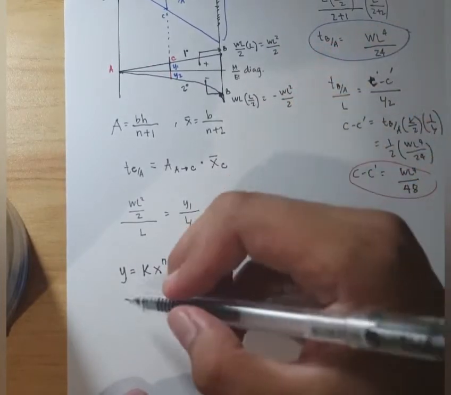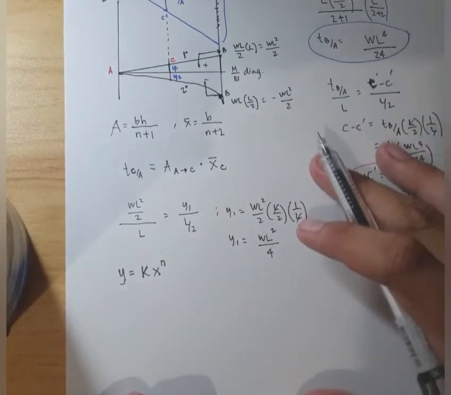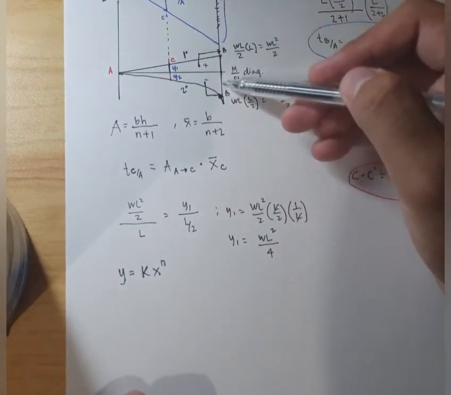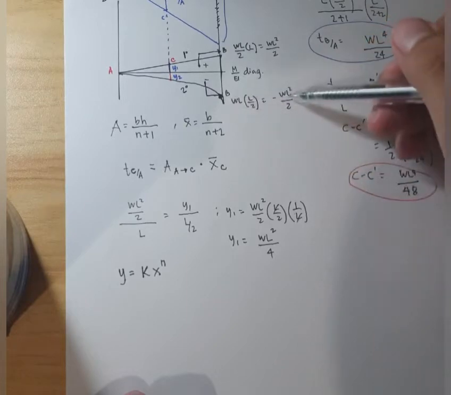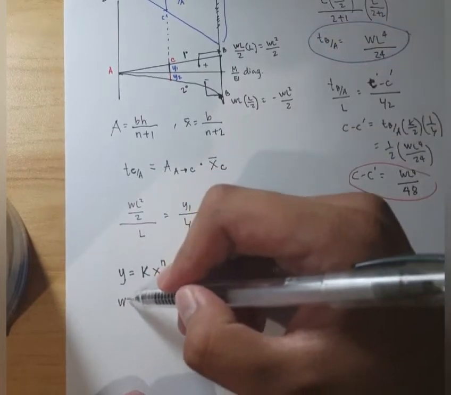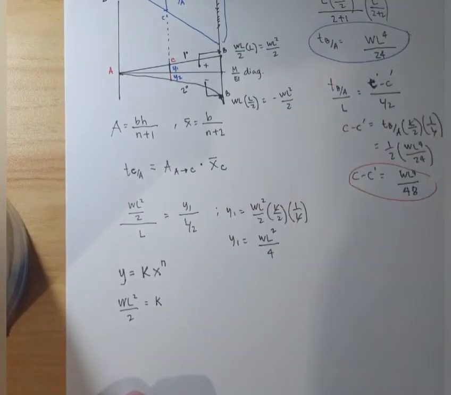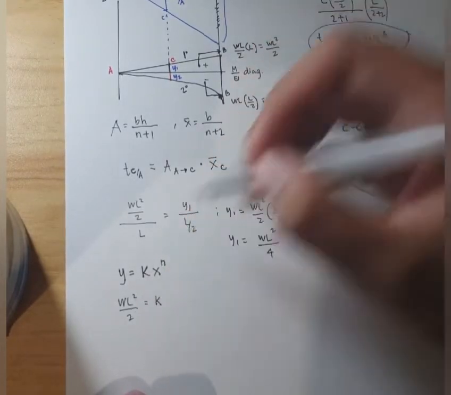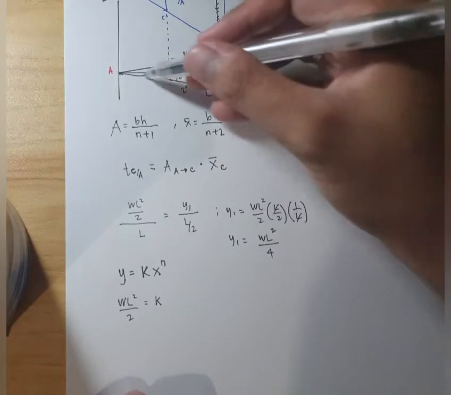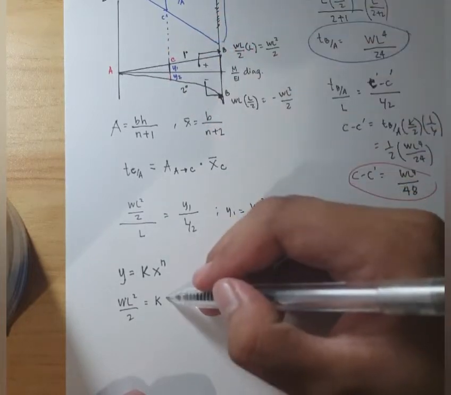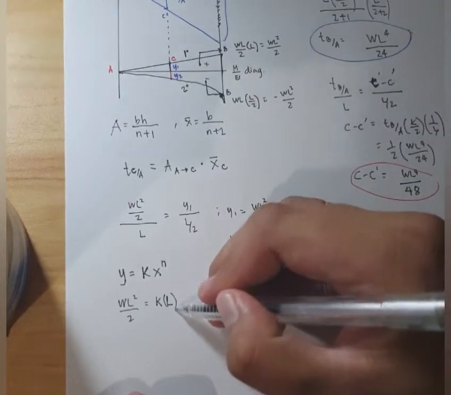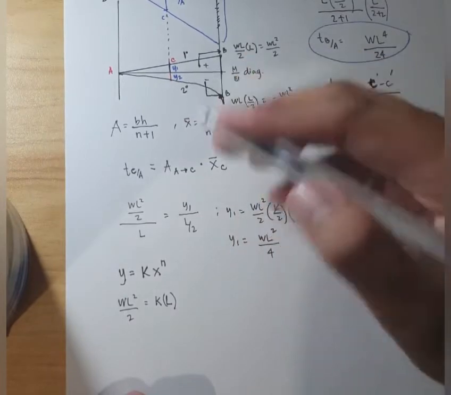So if you have y which is WL squared over 2, you have to compute for the constant, because given y and x, x is L to the power of n which is second degree.